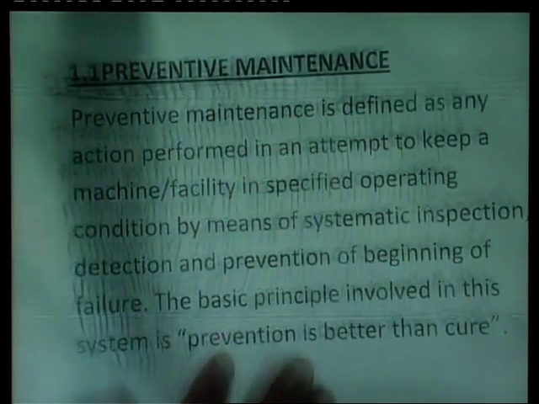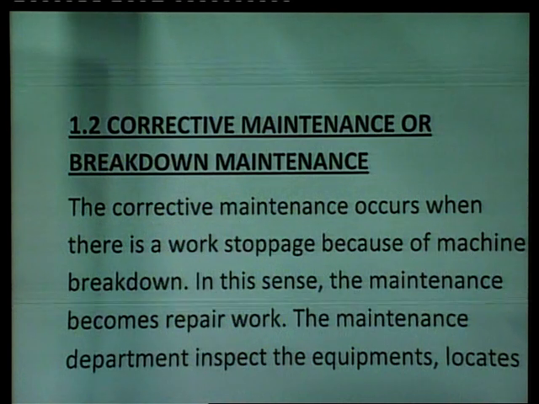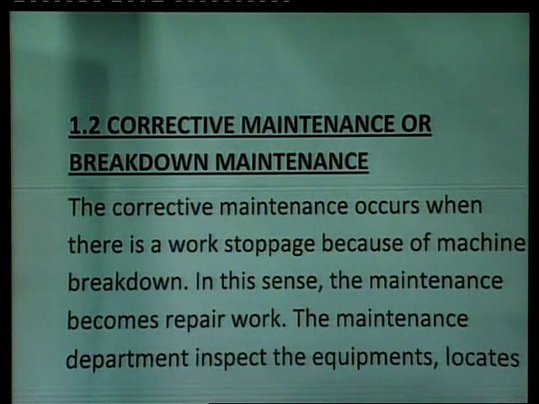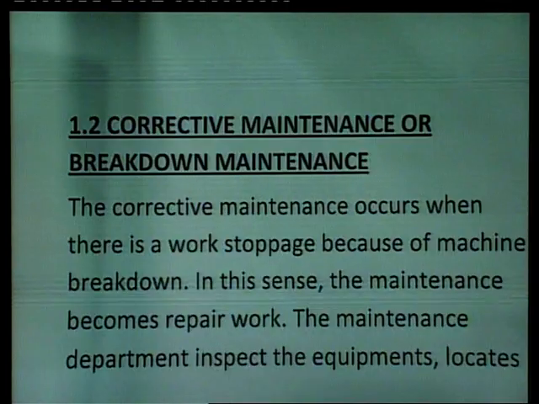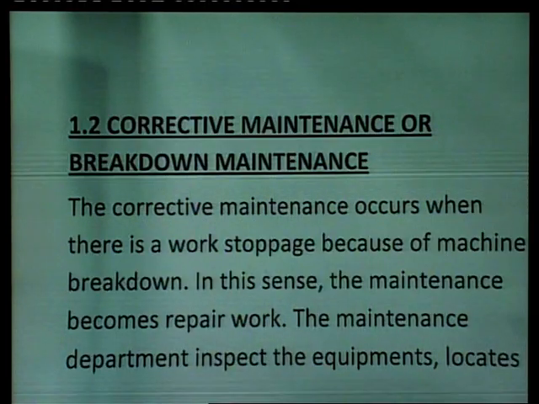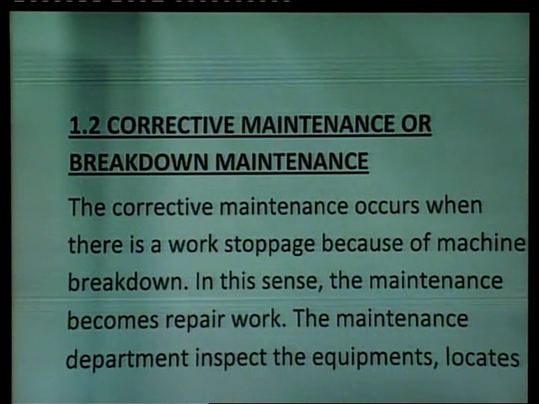So second one is the corrective maintenance or breakdown maintenance. The corrective maintenance occurs when there is a work stoppage because of machine breakdown. When there is a breakdown in any machine, the work is stopped, and at that time the maintenance which we need is called corrective or breakdown maintenance. In this sense, the maintenance becomes repair work. When the breakdown of the machinery takes place, then the repair of that machine will be done.